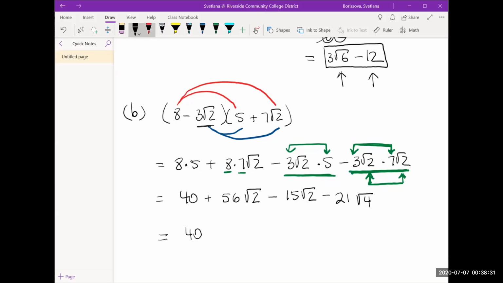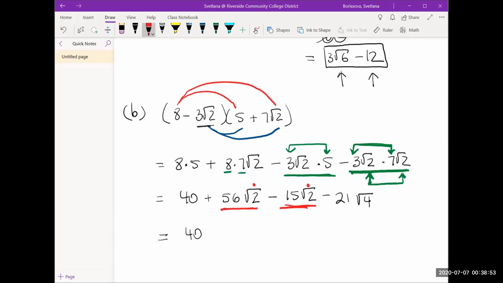Now, notice that the second term and the third term, those two can be combined. Why can they be combined? Because they have like radicals. The first one has square root of 2, and the second one has square root of 2. They look exactly the same. So to combine them, to subtract them, they have to be exactly the same.